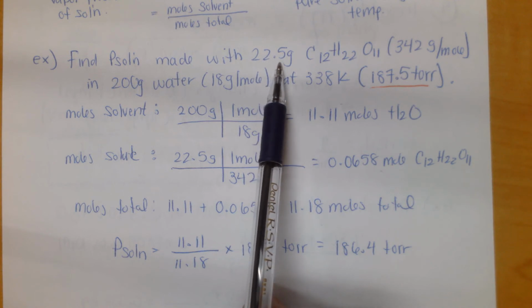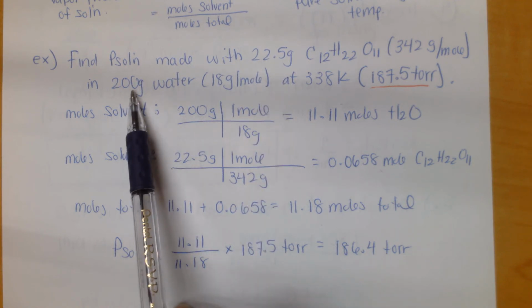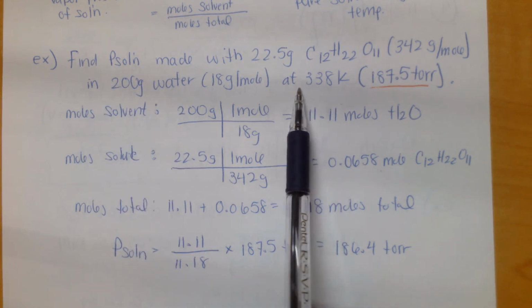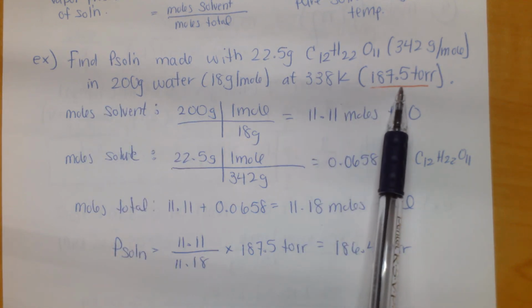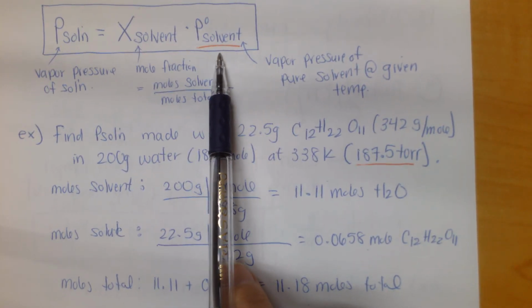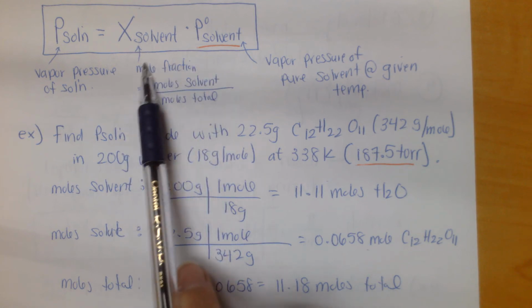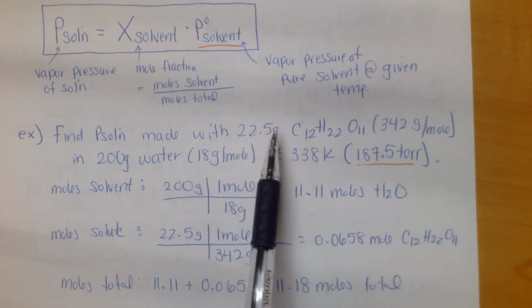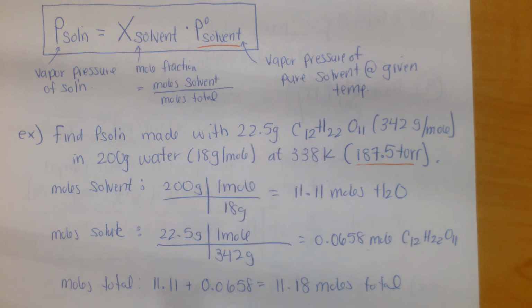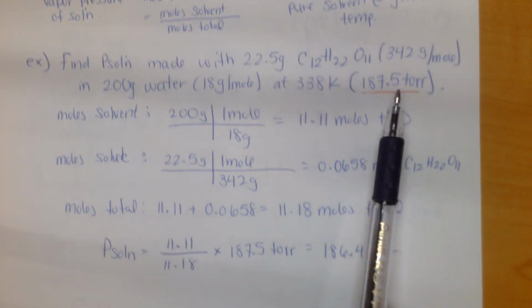So we're dissolving 22.5 grams of sugar into 200 grams of water. Pure water at 338 Kelvin has a vapor pressure of 187.5 torr. So that is our pure solvent here. We're going to calculate how much that is reduced by introducing this sugar molecule that will prevent those gas particles from escaping.